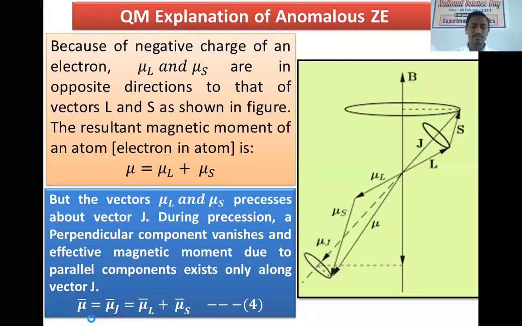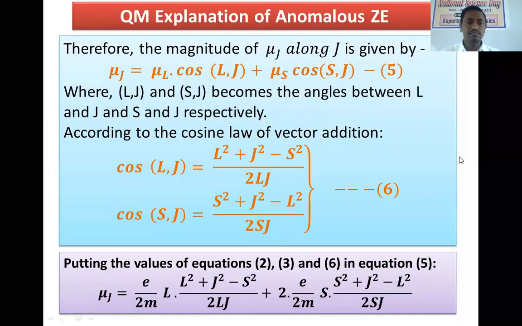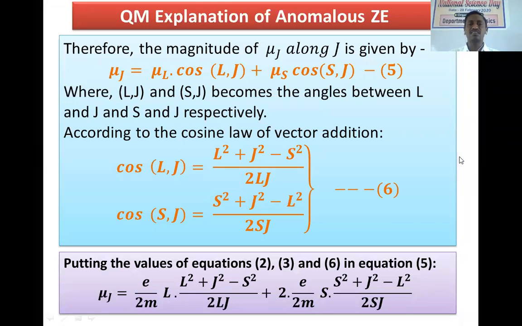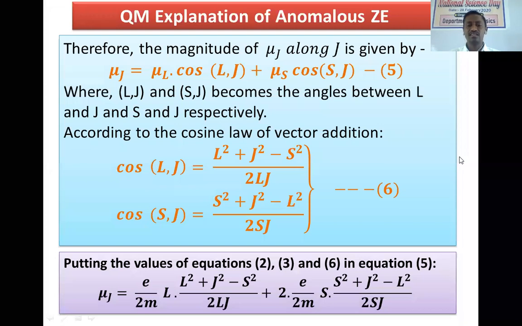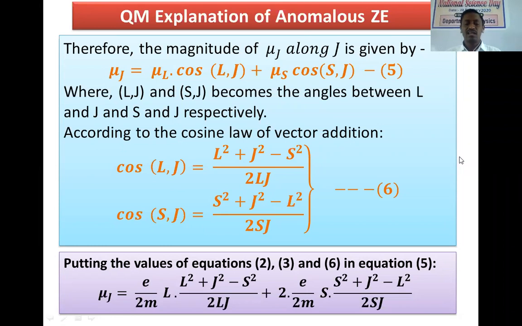Now we have to calculate the magnitude of mu J along J. Because whenever we consider mu as the resultant magnetic moment, it can be obtained by just the vector sum of mu L and mu S, but in mu we have left out the perpendicular components.